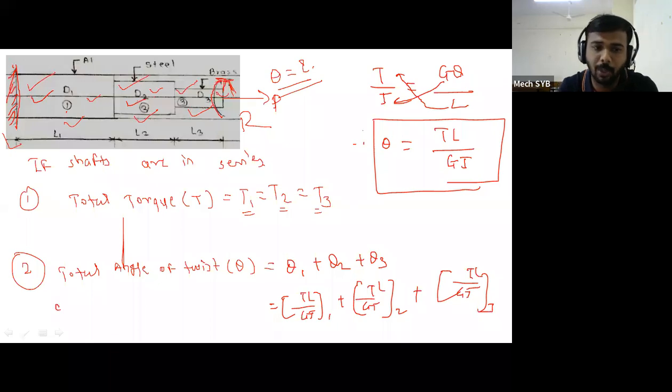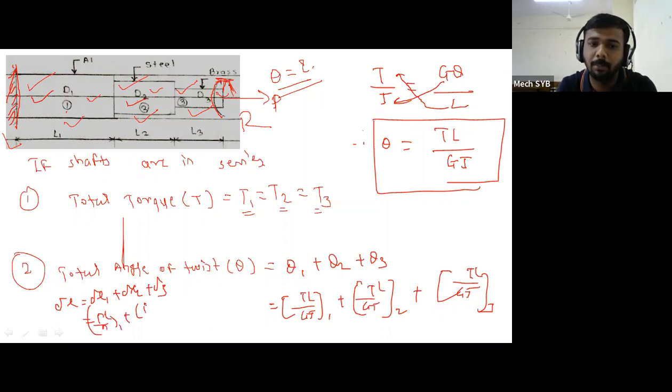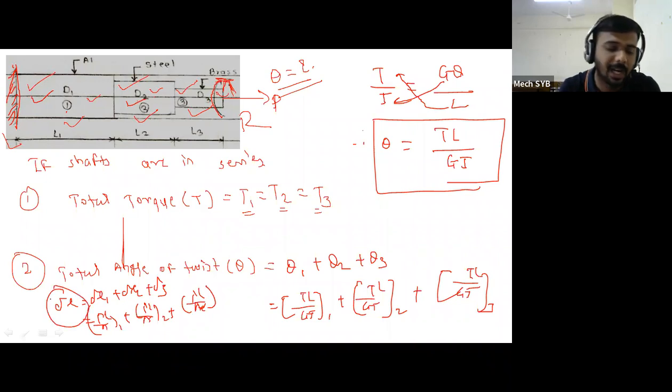जसा आपण डिफॉर्मेशनचा फॉर्म्युला लिहितो, डेल्टा L is equal to डेल्टा L1 plus डेल्टा L2 plus डेल्टा L3, that is PL upon AE of section number 1 plus PL upon AE of section number 2 plus PL upon AE of section number 3. जसा हा डेल्टा L हा डिफॉर्मेशन इंडिकेट करतो, तसं ह्या रोटेटिंग शाफ्ट मध्ये हा थीटा पण एक प्रकारचं डिफॉर्मेशन इंडिकेट करतोय.